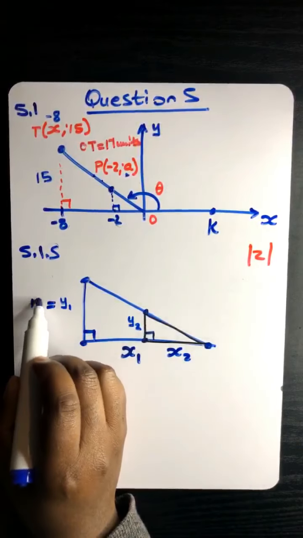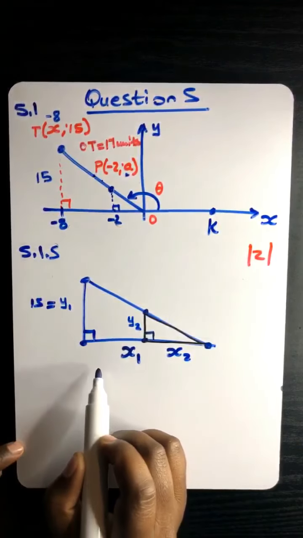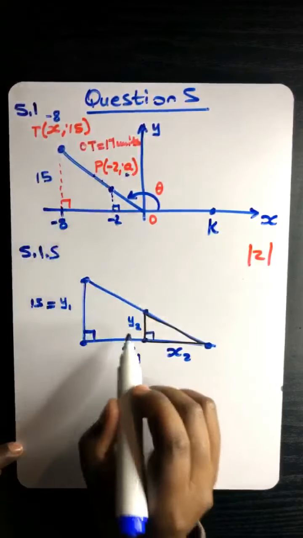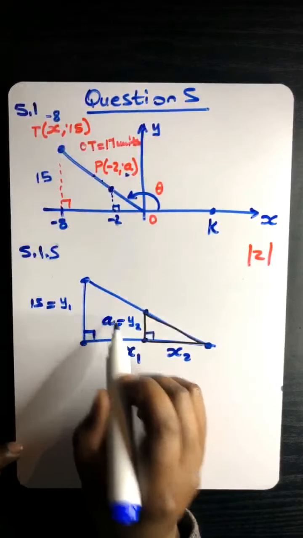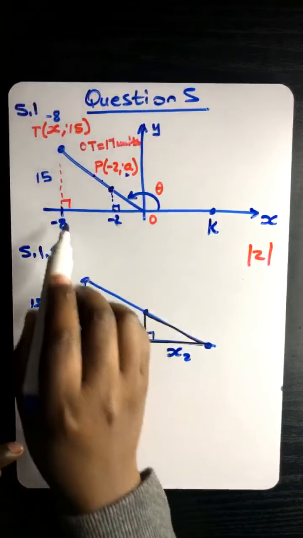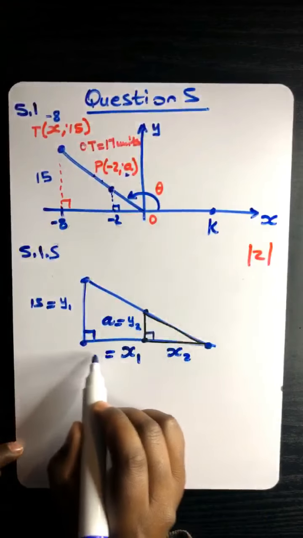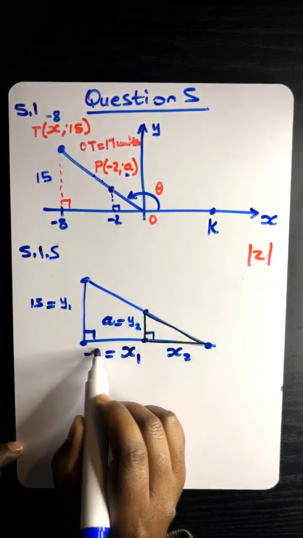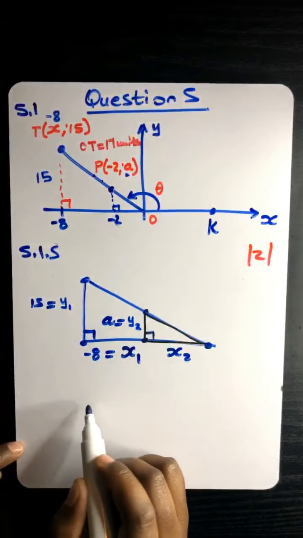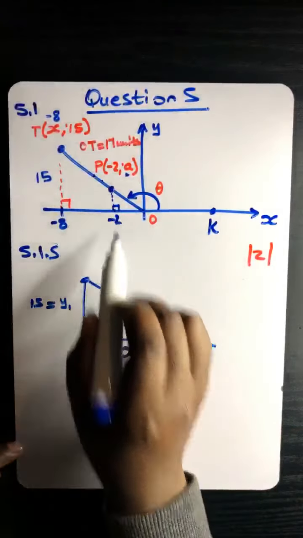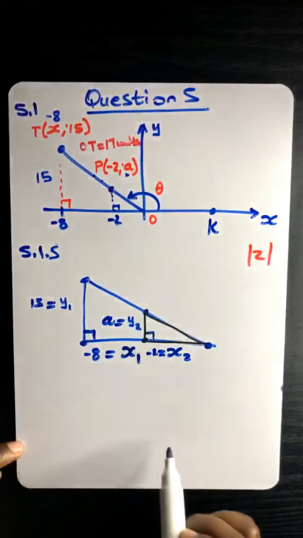Y1 being 15, Y2 is from there to there, it's actually A, because that's what we are looking for. And X1 is from there to there, being 8, which in that case is -8. And this one is -2. I'm not sure if I'm making sense.